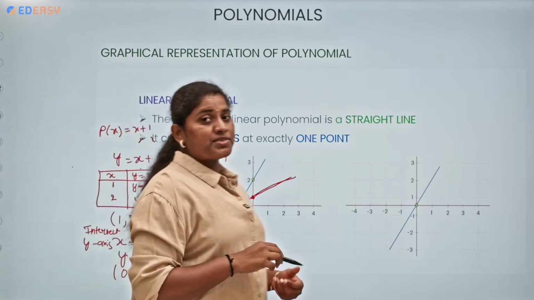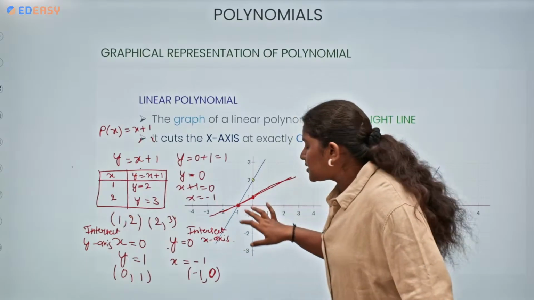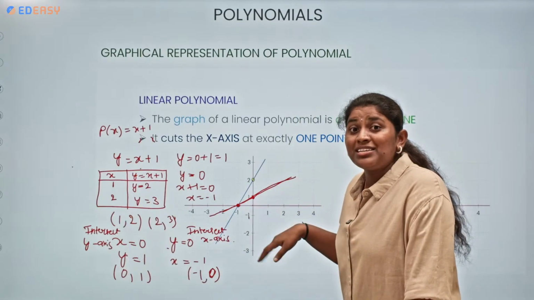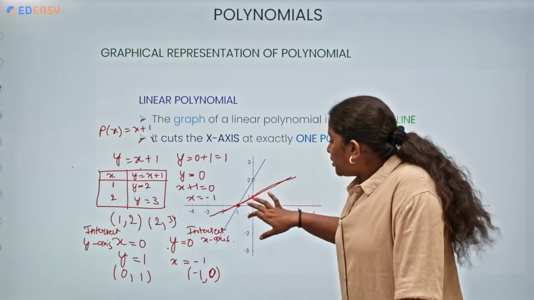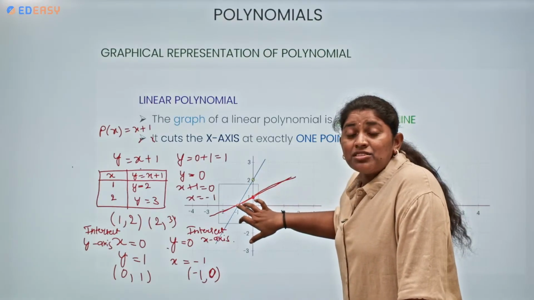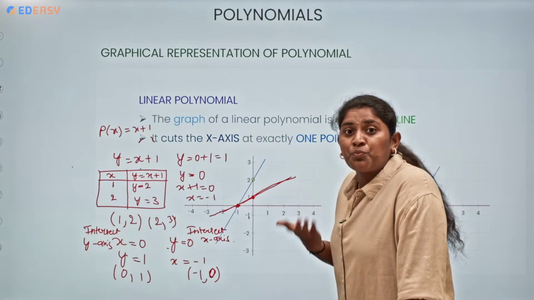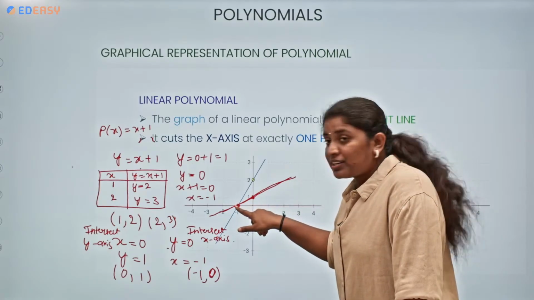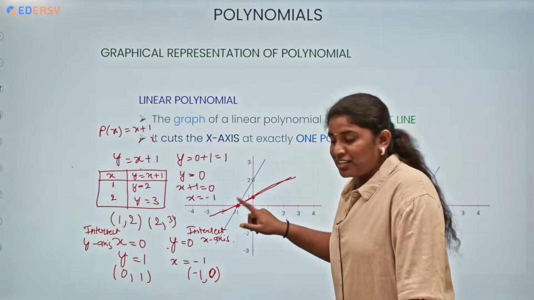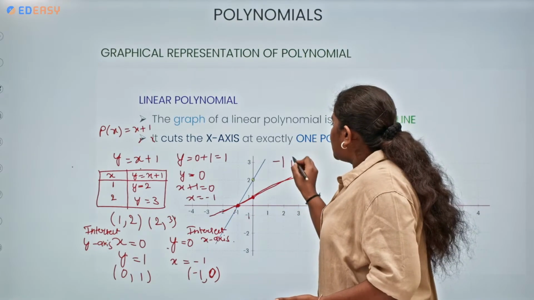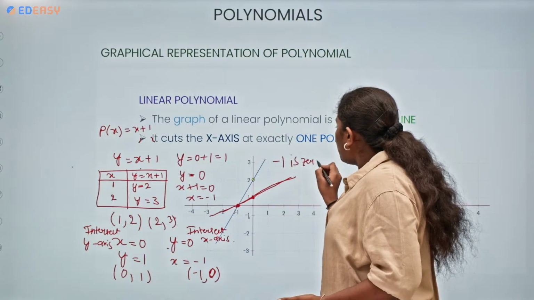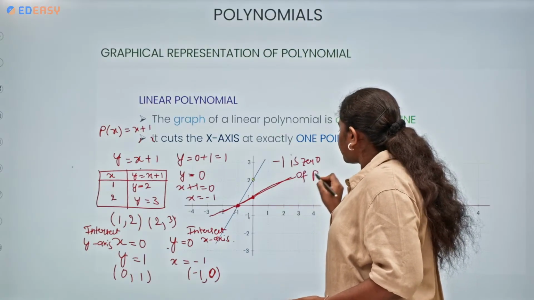Now, if you observe here, from this graph, we can say what is the 0 of the linear polynomial. How can we say? We are going to check at which point the graph intersects the x-axis. So, here it is going to intersect the x-axis at -1. So, -1 will become the 0 of p of x.